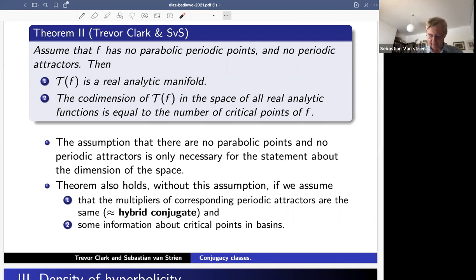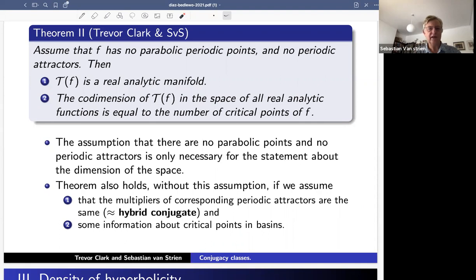And in fact, you also need some additional information about basins in periodic attractors. You can make a very precise statement, but that's probably not so useful for this talk. So that's the second kind of result.